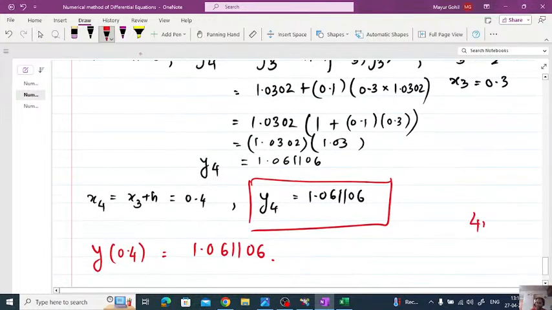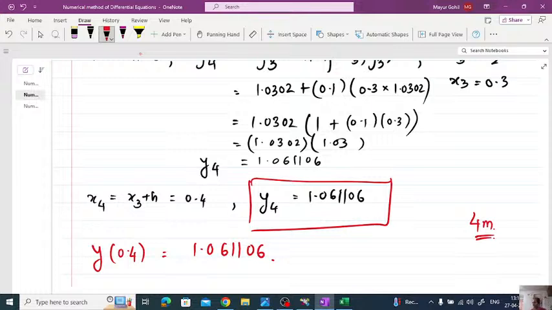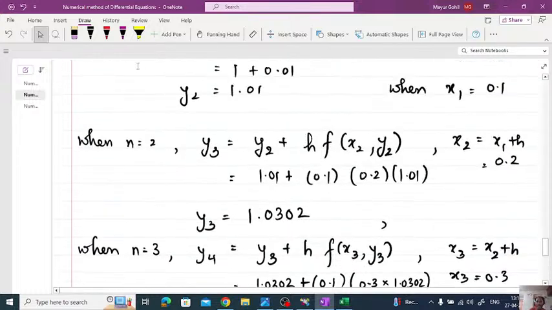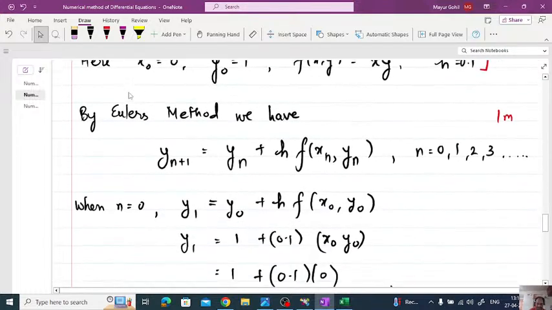Okay, so your remaining 4 marks you get for all the 4 iterations, one mark for each iteration, and for your final answer half mark will be there, something like that. So these are how your marks are distributed in these kinds of questions. So please remember that when you do these questions, you do them carefully.